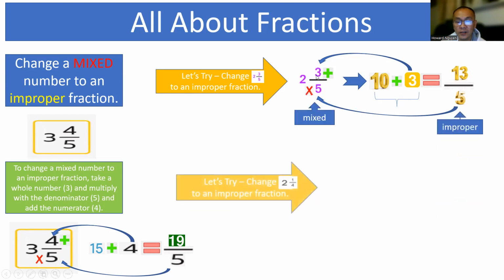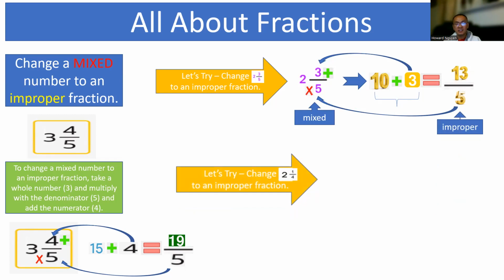Okay, so let's see if you know how to do this by yourself. Change the mixed number 2 1/4 to an improper fraction. Pause the video so you can work it out. So you have 2 1/4. You take 2 times 4. What is 2 times 4?